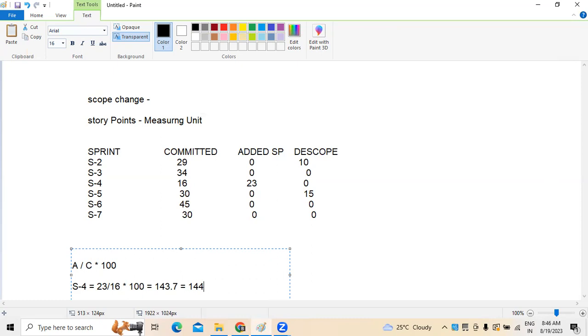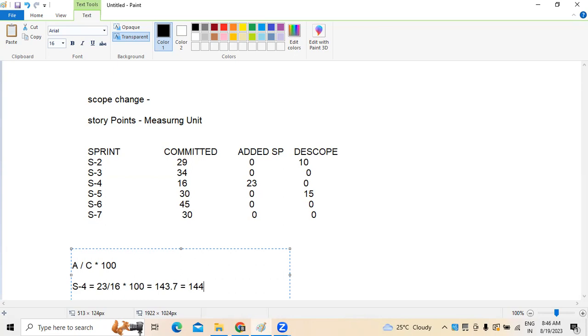The first one we saw was about D-scope: if any story points were taken out, removed from the existing sprint, what will be the percentage? Now, if you want to know about the scope increase based on the added story points, this is how, which will be 144.